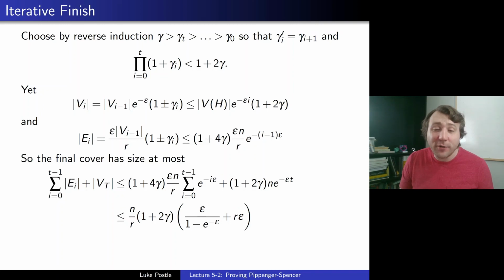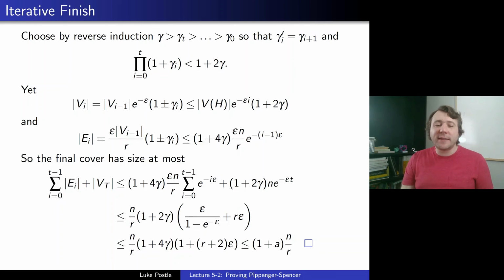But it's how we chose the t, so there's only a small proportion left. And then if you stare at that number, you'll realize that that's somehow at most n over r times 1 plus 4 gamma, something like 1 plus r plus 2 epsilon. So that number in the parentheses, the epsilon over 1 minus e to the minus epsilon, that denominator is roughly epsilon plus epsilon squared over 2, which will end up just adding some extra. So it gets you a 1 plus some extra factors of epsilon.